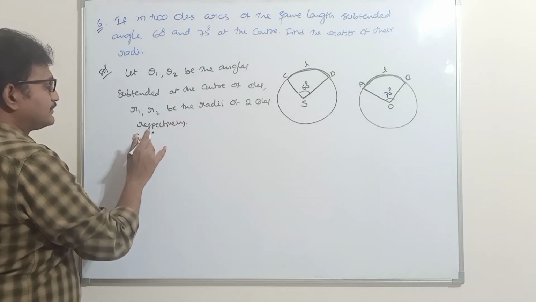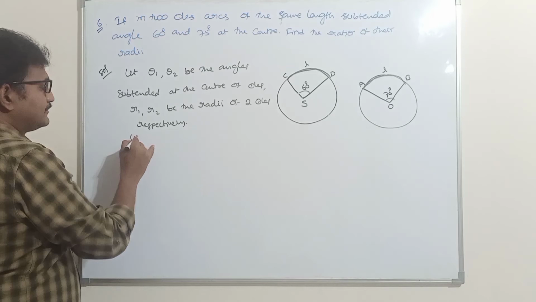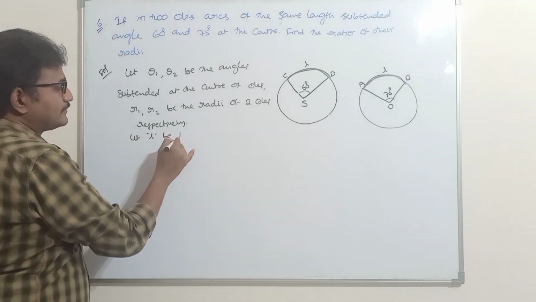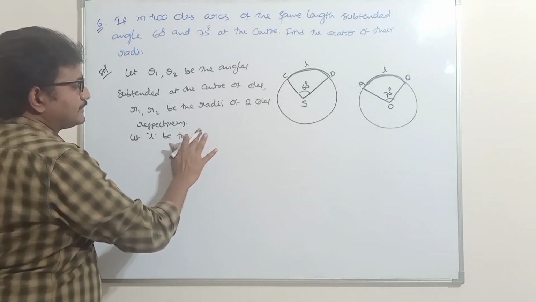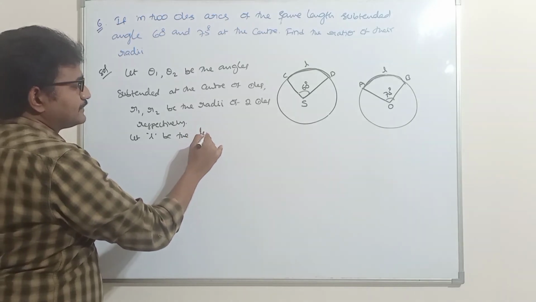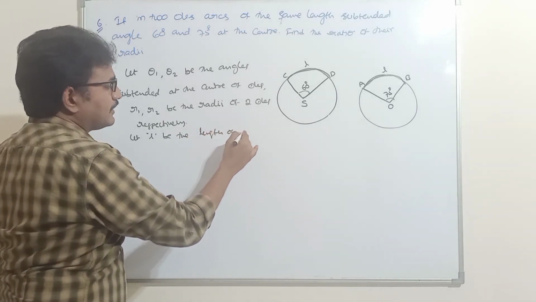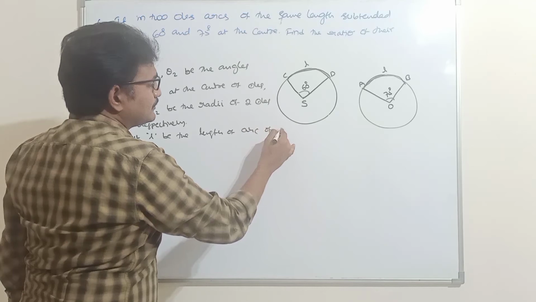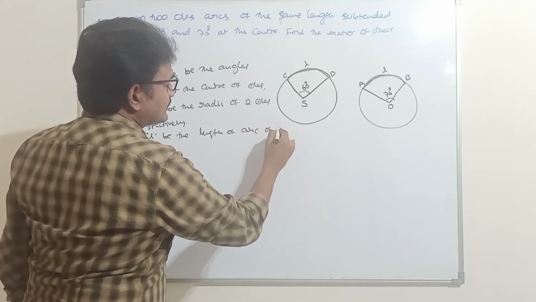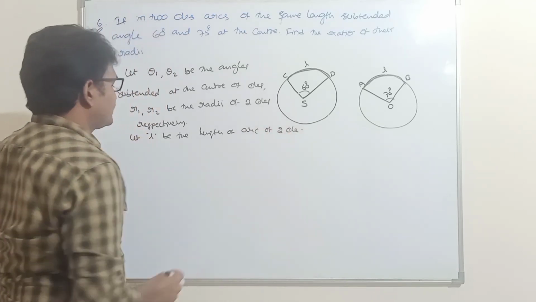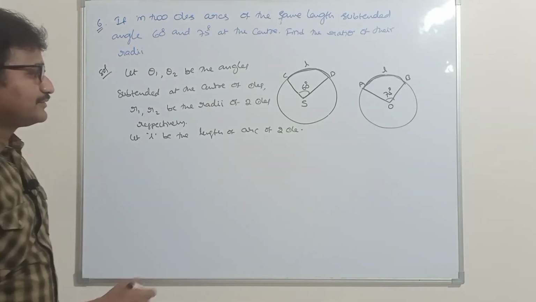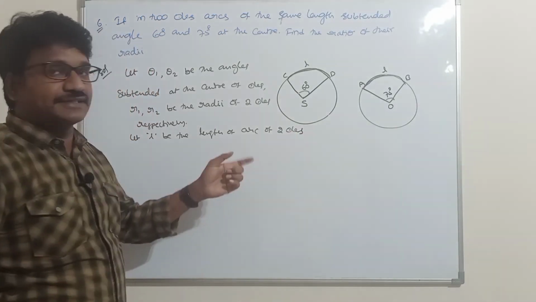Let L be the length of the arc of the two circles, because the length is the same.